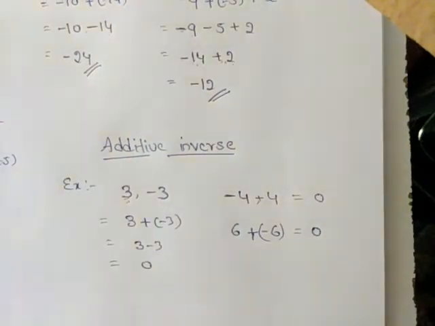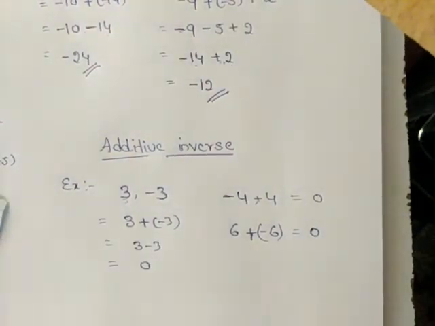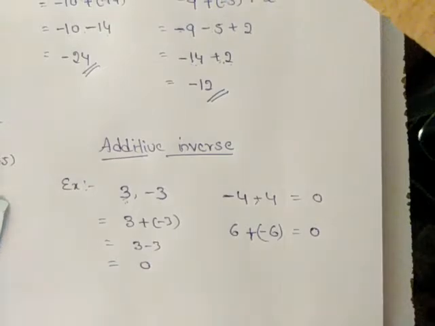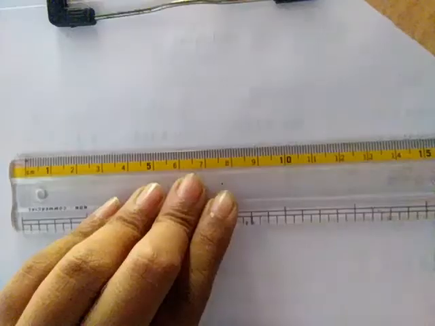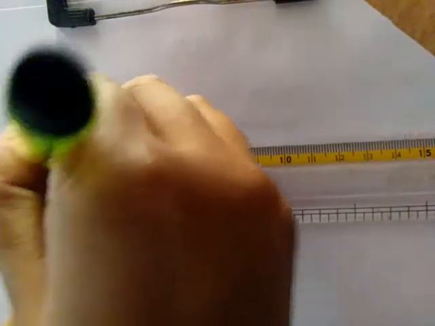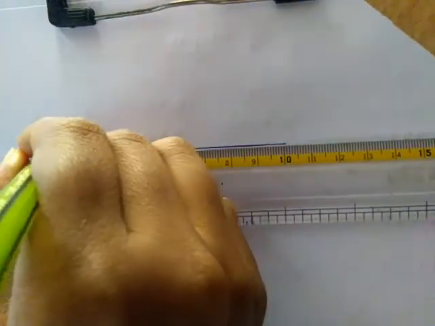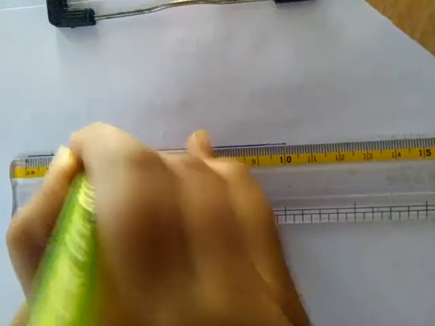Next we will learn addition of integers on a number line, that is, how to represent addition of integers on a number line. We'll take a number line and mark the points on it.